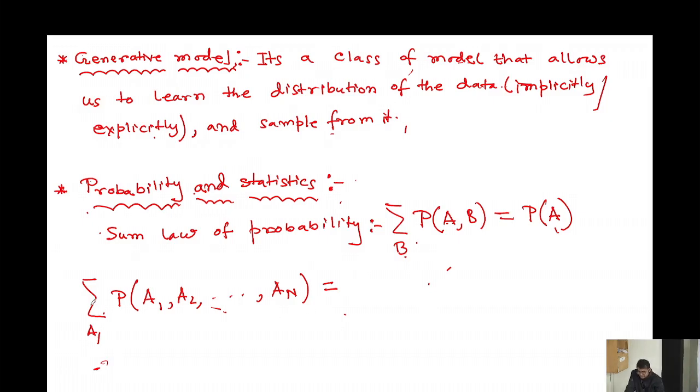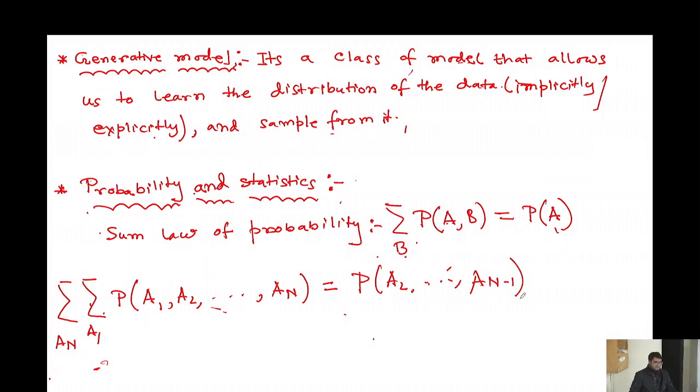Okay. If I do another summation, let's say I am summing over AN, then I will have A2 to AN minus 1. So whatever I am summing over does not appear on the right hand side, and the remaining things appear. This will be A2 to AN minus 1.